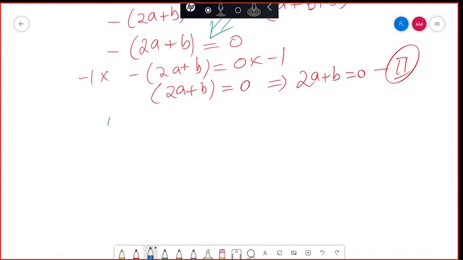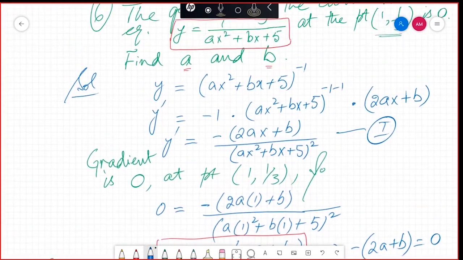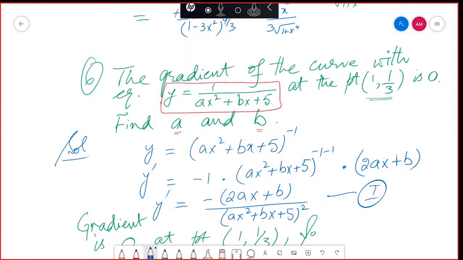When we were given x was 1, y was 1 over 3, we put these values in the original equation here.